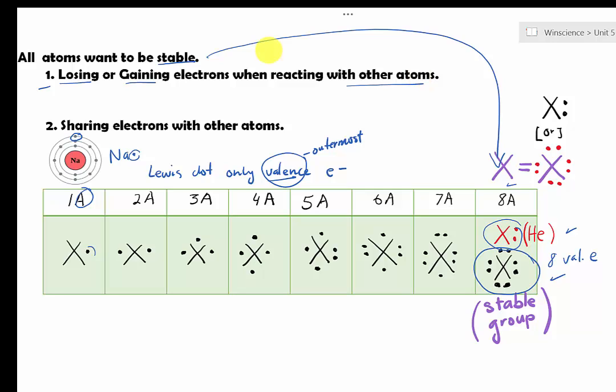Before we can apply this, we have to realize that electrons are negative charges. What does that mean? When you lose electrons, you lose the negative. What is your charge going to be? Because in the end, the positive charge in the proton is canceling out with the negative charge of the electron.